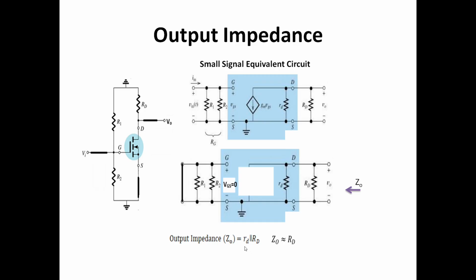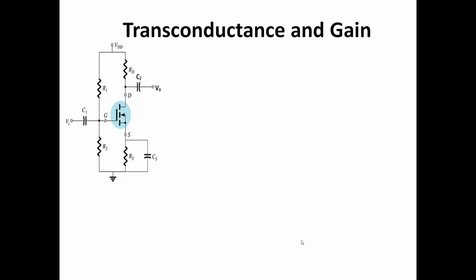As smaller rd is much higher than capital RD, the output impedance will become approximately equal to capital RD. Now let's find out the transconductance and gain of this circuit.